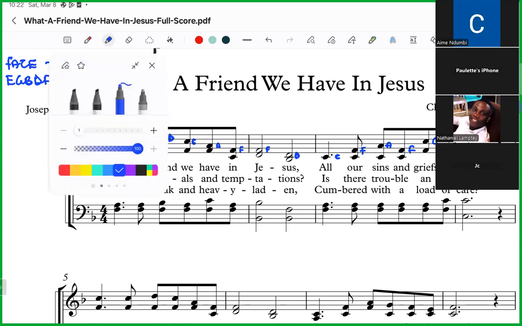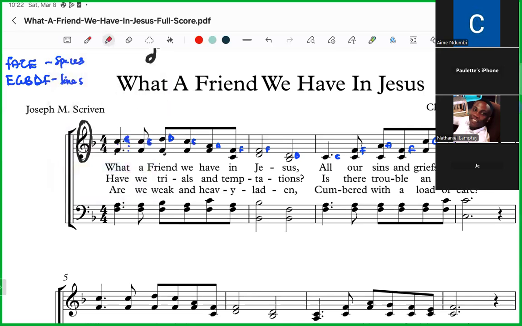Let's go back, I'm just doing it for the first line of the music. Now let's go to the alto notes. This is an F because it's on the first space.